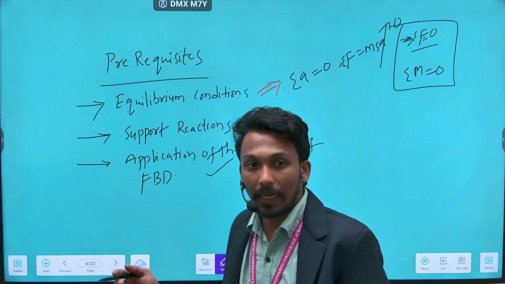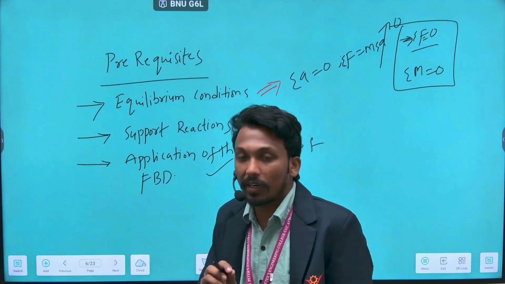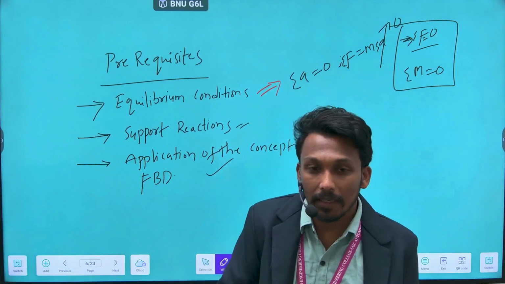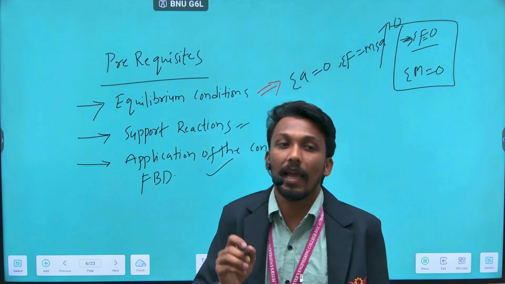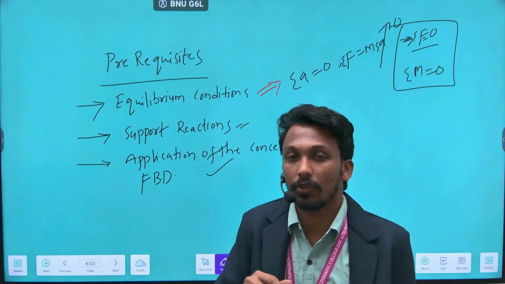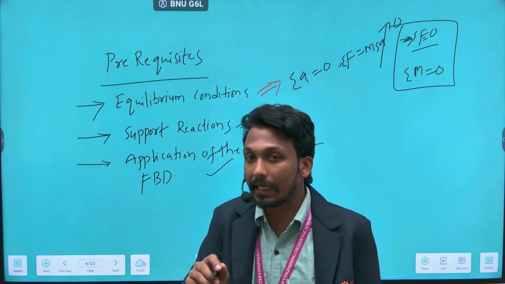Now I'll discuss the free body diagram in simple terms. What is a free body diagram? A free body diagram is a diagram which represents the forces acting on the body.